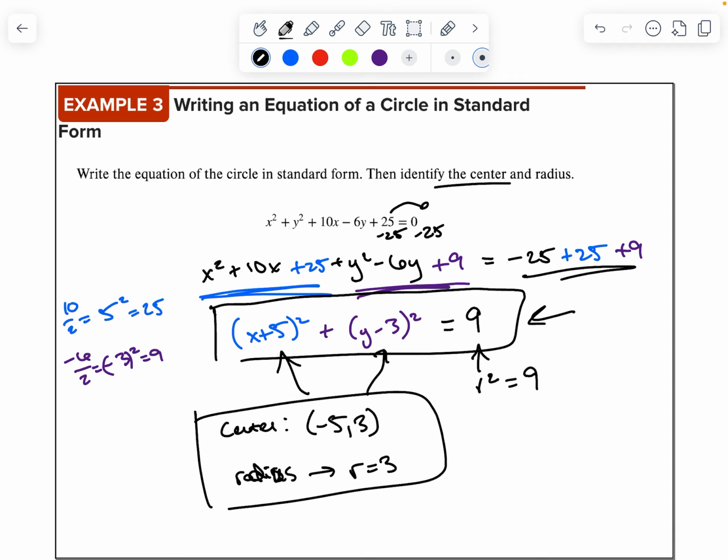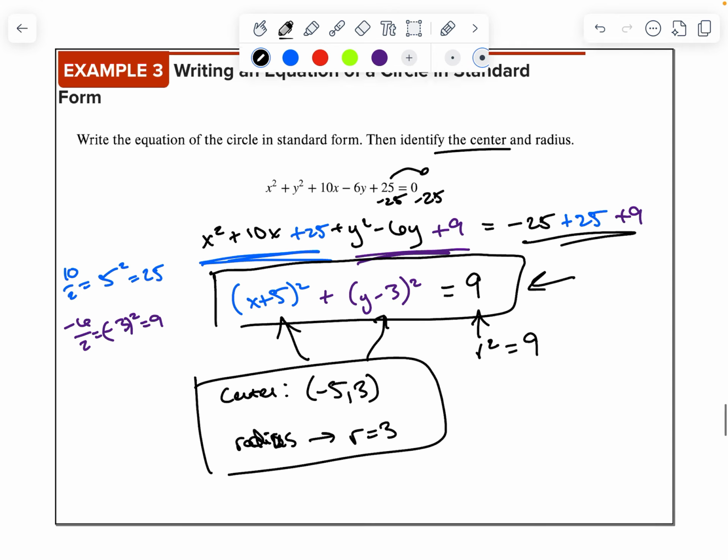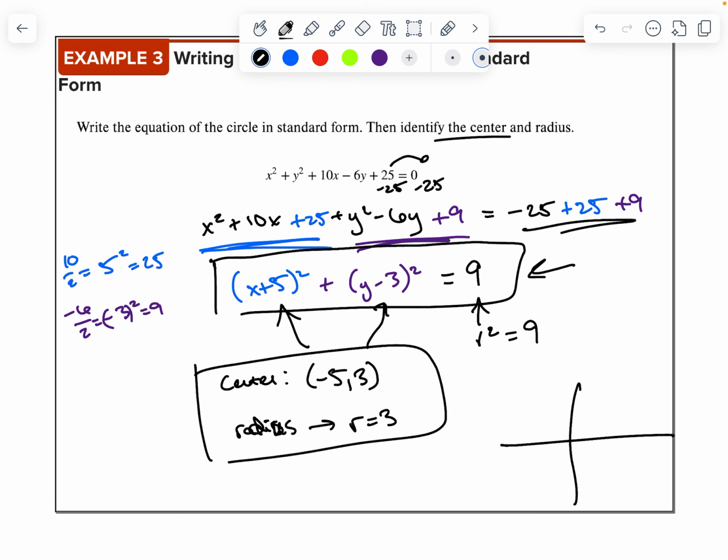If r squared is 9, then r is 3. You could, of course, go and graph that the same way. You would start with the center, negative 5, 3, plot a point. You could go north, south, east, or west by 3, and Alex would automatically graph the rest of that for you.